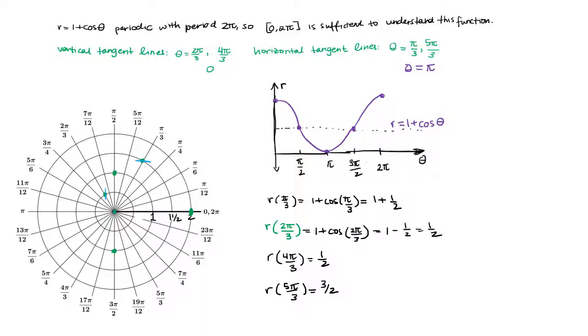So at 4 pi over 3, we have distance of 1/2 from our center, and oops, we can draw a little vertical tangent line.